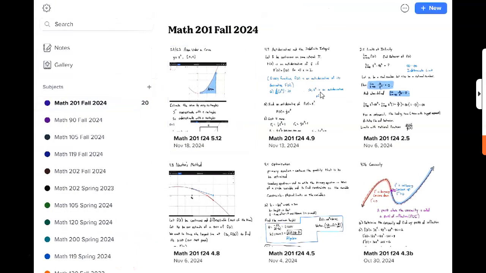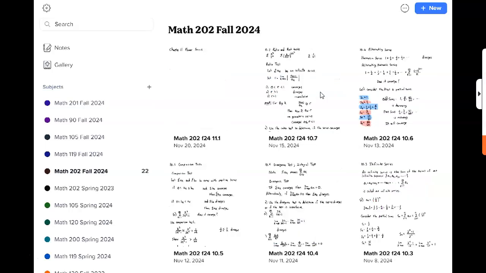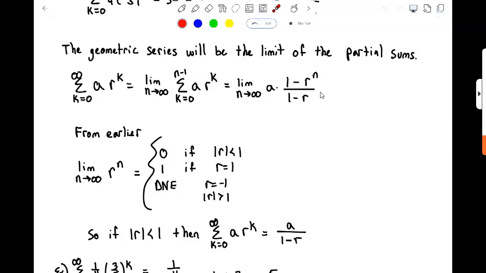That's what you did in Calculus 1. We then started exploring infinite series. One of the things we talked about specifically was the geometric series, which, as we discovered, only converges if the ratio is less than 1.